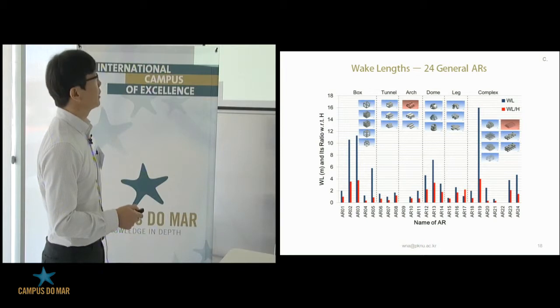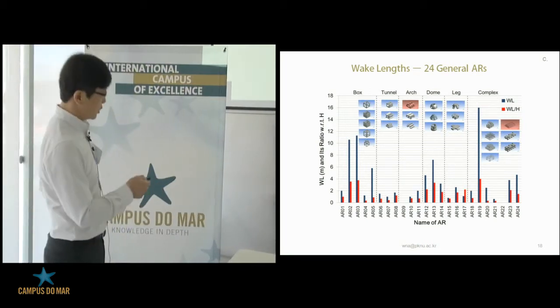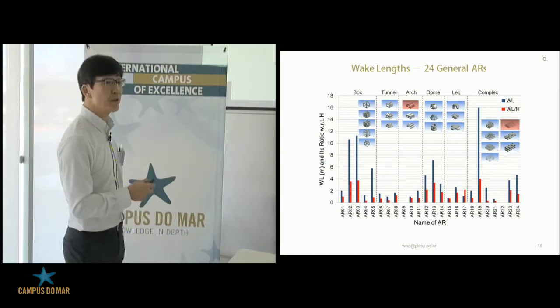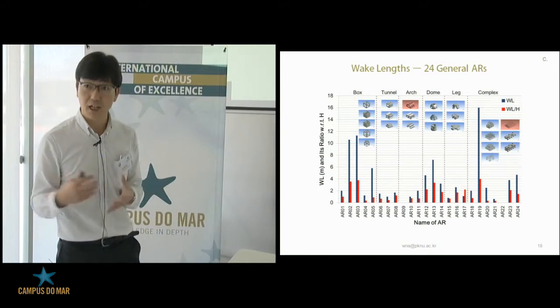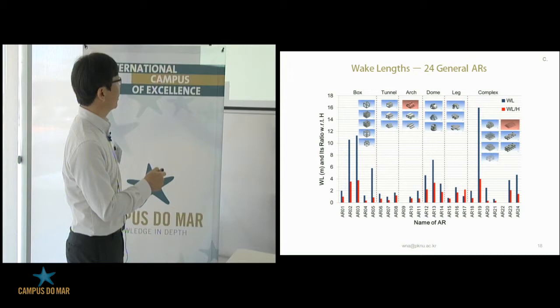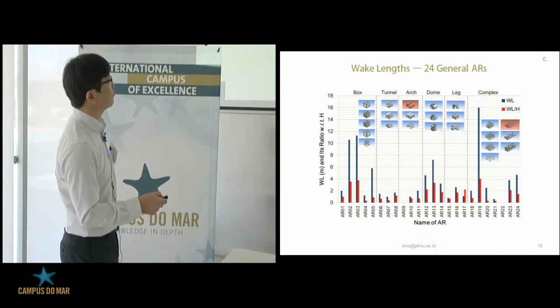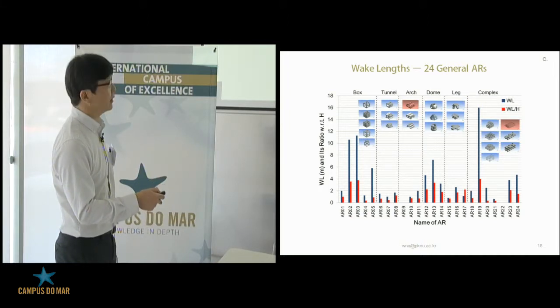But compared to their height, this red line shows the efficiency. Usually height means the size of the artificial reef. So we calculated the wake length with respect to the height. This one has the largest wake length, but with respect to its height, the efficiency is not very good.